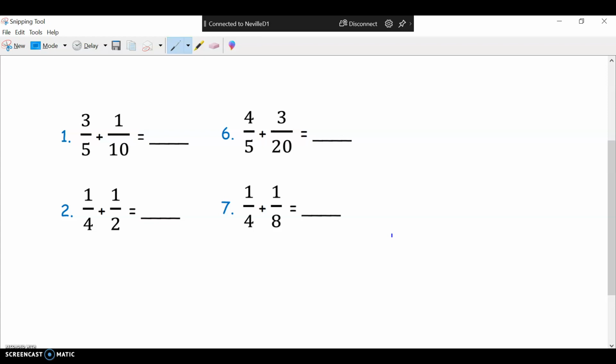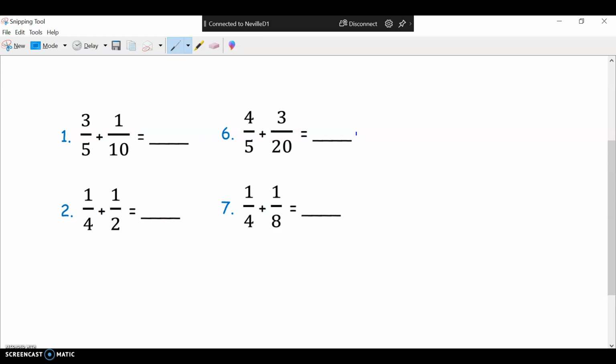All right, so talk me through, Torian, talk me through this one here, number 6. So our least common multiple here, Torian, would be what? Between 5 and 20. That's a factor.